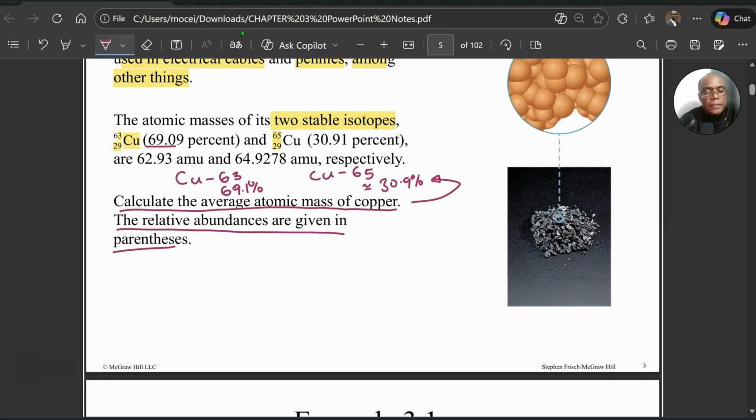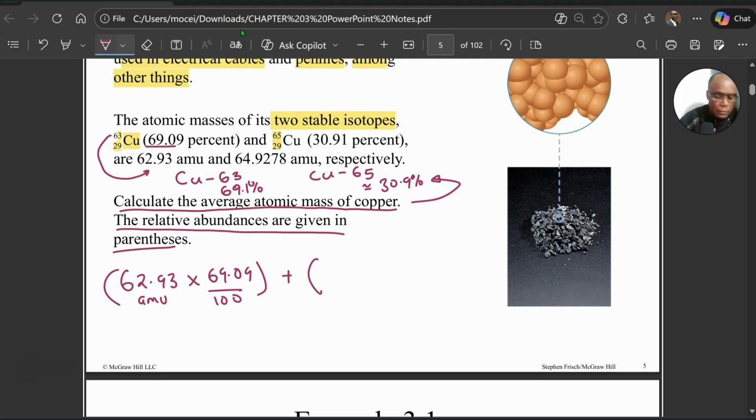So I'm told that copper 63 is abundant as a percent of 69.09, but it's saying 63, but that's rounded up. So I'm going to say 62.93 atomic mass unit of copper 63 times its natural abundance, 69.09 over 100. That one added to the contribution of copper 65, which was accurately 64.9278 times its natural abundance, 30.91%.